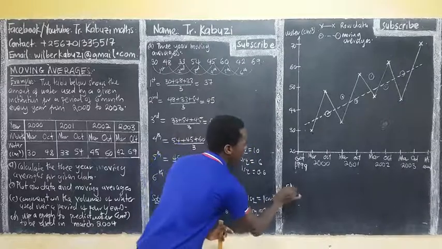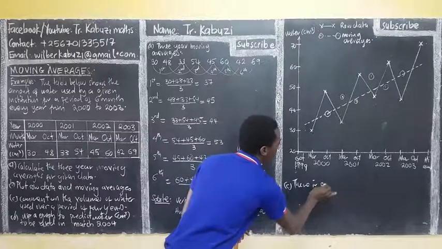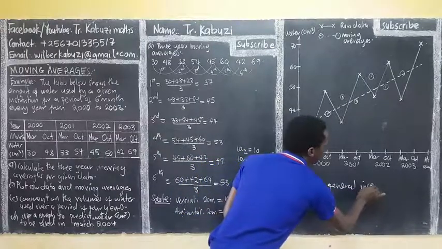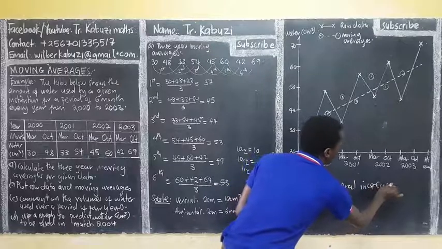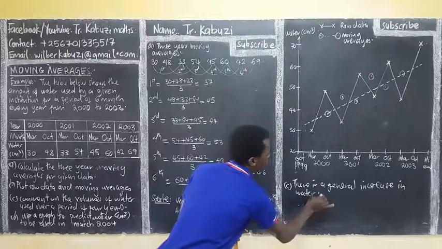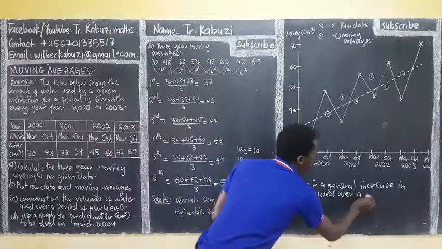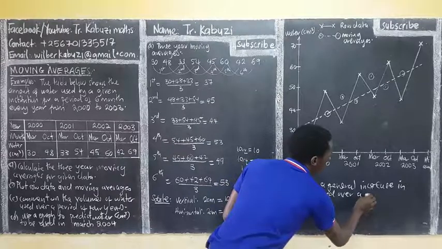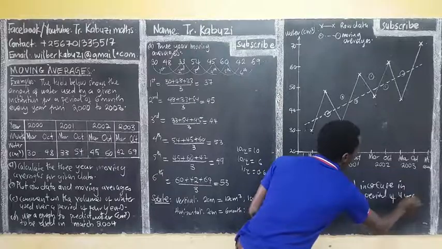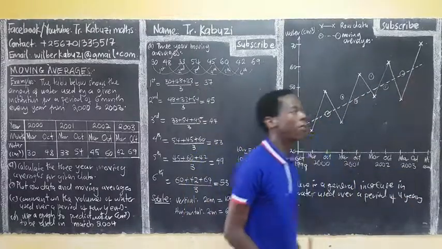So the comment in part C: there is a general increase in water used over a period of 4 years. Why do we say it's increasing? Because our line is having a positive gradient.